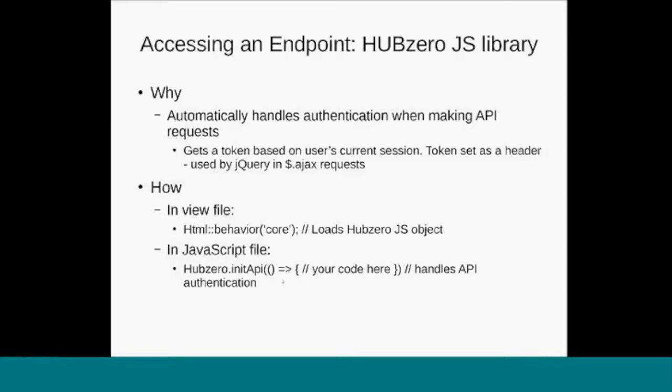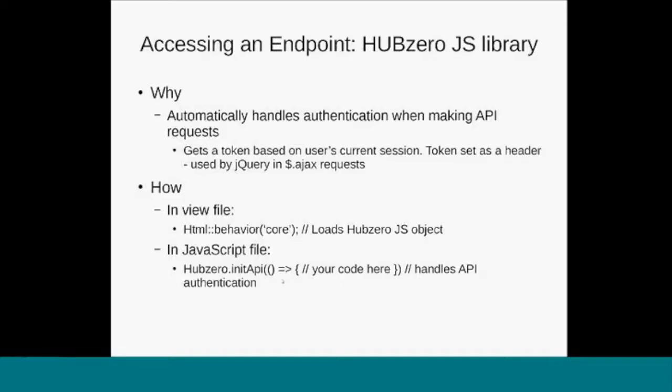Now, accessing an endpoint via the HUBzero JS library. So why use this way to access a Hub API endpoint? The primary reason is that it's going to handle getting an API access token for you. It's generally a good idea to protect your endpoints by requiring authentication.